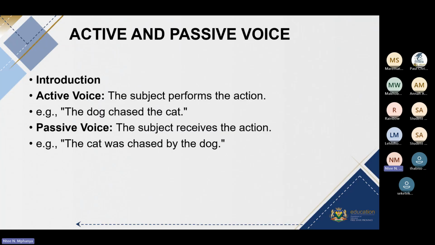Now we will say the cat was chased by the dog. We'll explain why we added was and by, because in the previous sentence in active, it's only the dog chased the cat, but now in passive, we have added two more words, was and by.